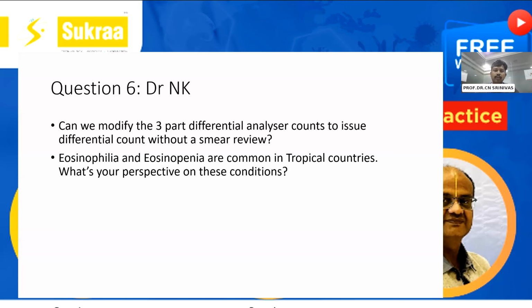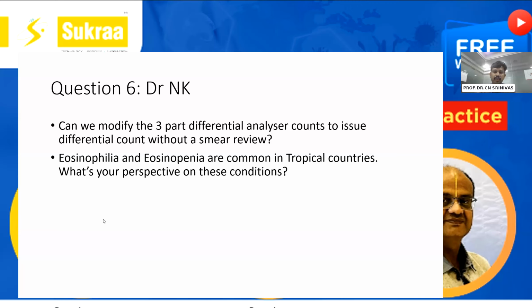So it is always mandated by organizations like CLSI to verify with a manual smear and then report the differential count when we are getting values from a 3-part differential analyzer. So that's answering the first question.